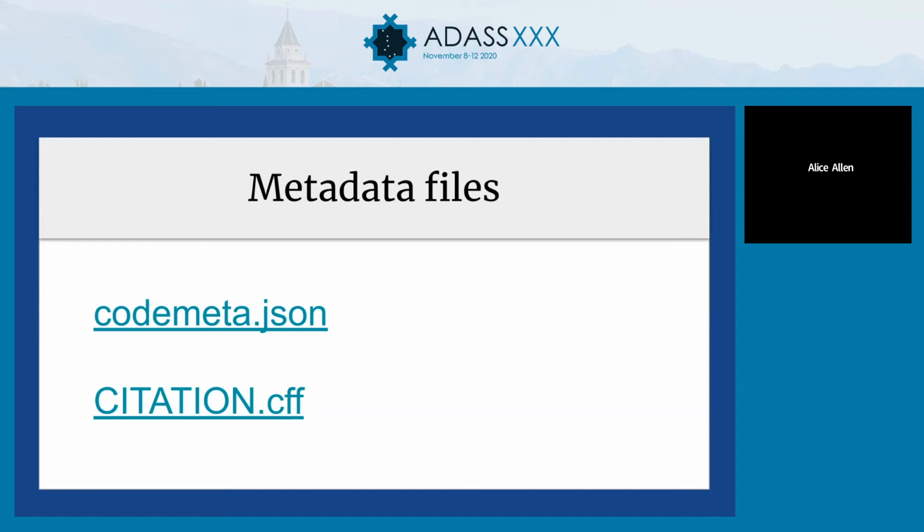So it was a deficiency in schema.org that was seen, and the CodeMeta project started to try to fill in those blanks. So there's plenty of information at those links and on the ASCL, and a workshop that we did a year ago that I can also link you to if you're interested.